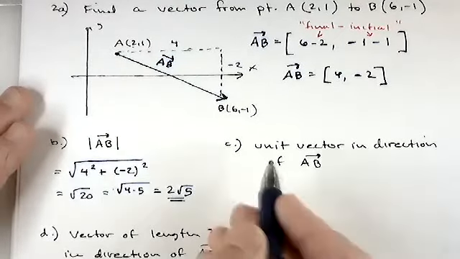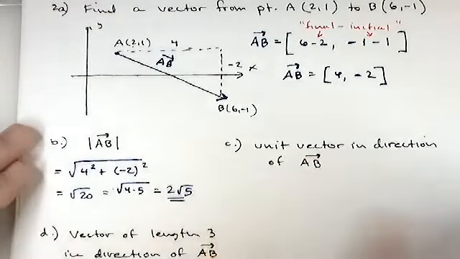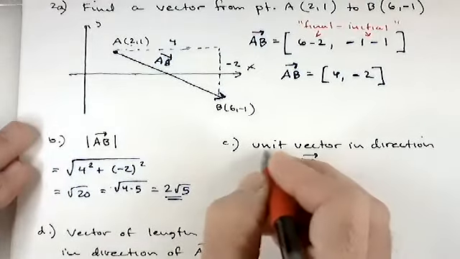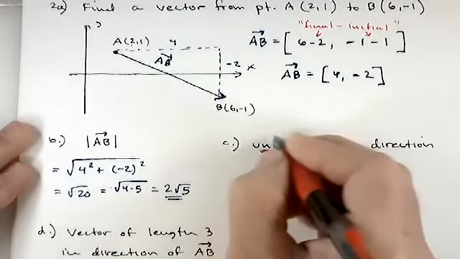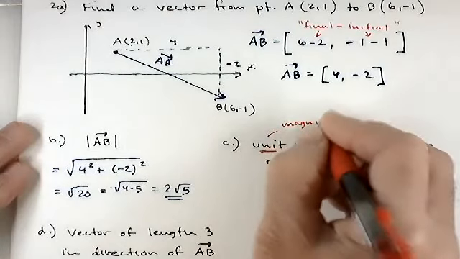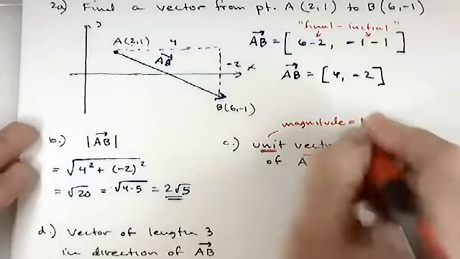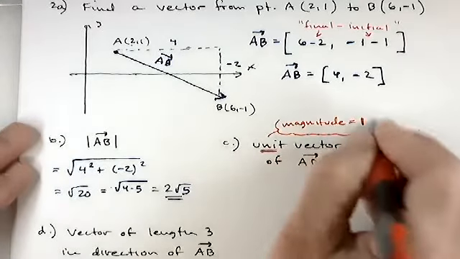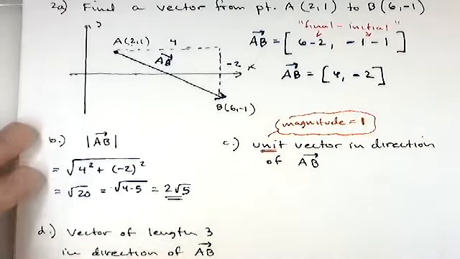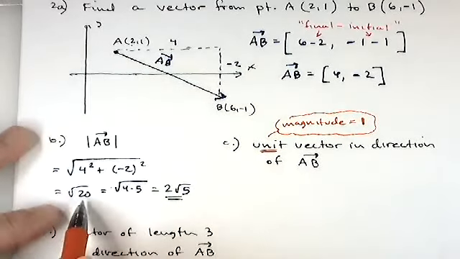And then something you're going to be doing a lot of in the world of vectors, oftentimes what we want is we want a vector to be a unit vector. What unit vector means is we want the magnitude to equal 1 unit. Here's the way I like to think about it. Root 20 is 4 point something, right?